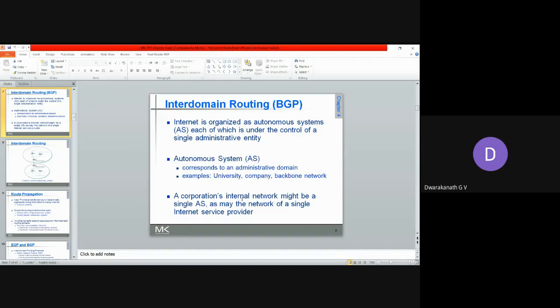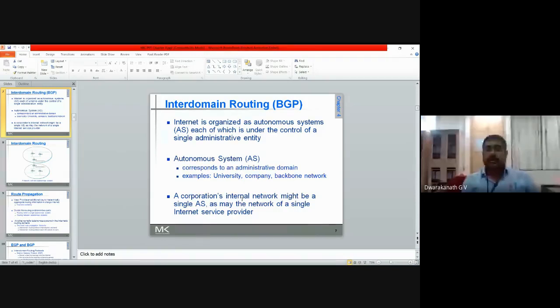They will have different branches and different campuses where everything is held with an intranet. So one service provider should be there, meaning directly they will go to the backbone. That you will call an AS. Now I think you have understood what an AS means. An AS is a large internet organized entity, you can say like that.